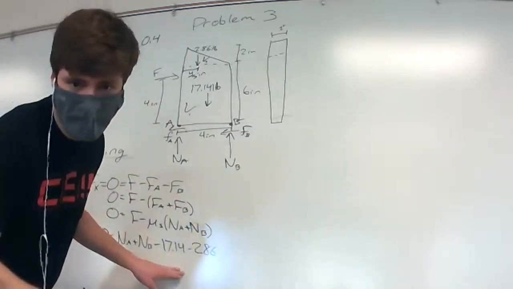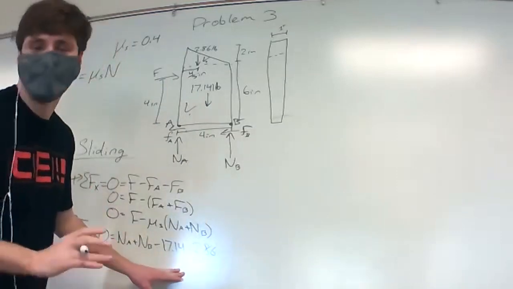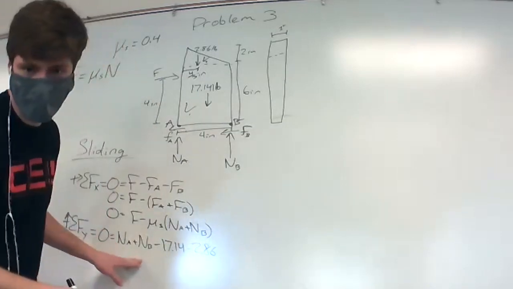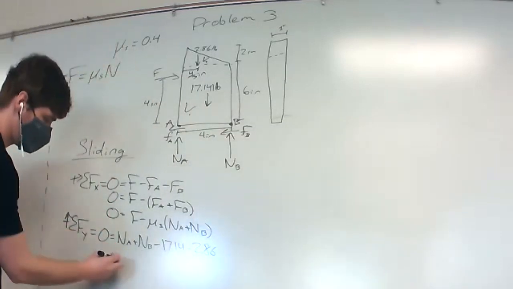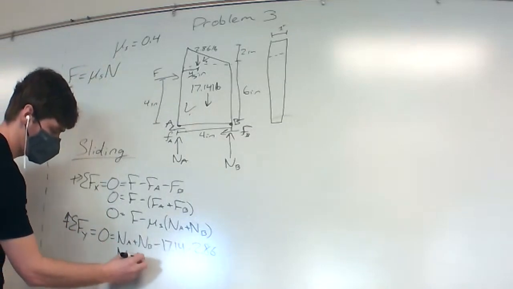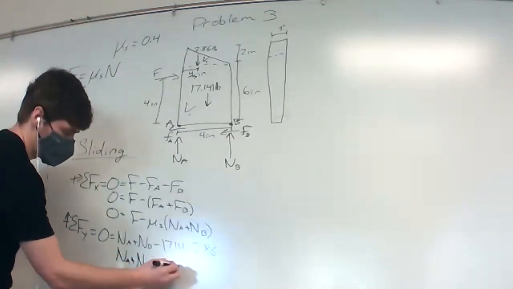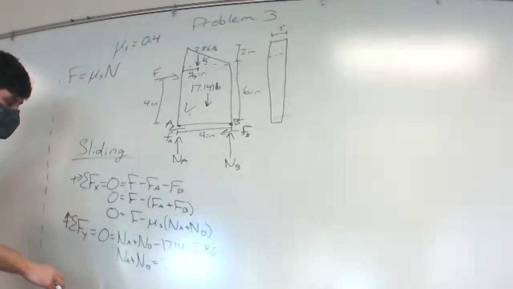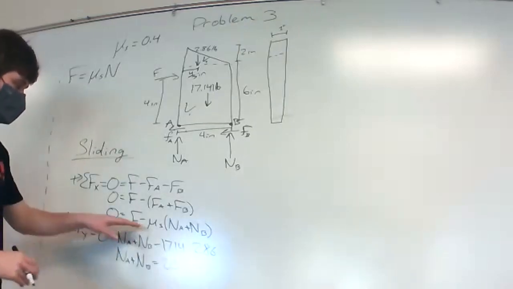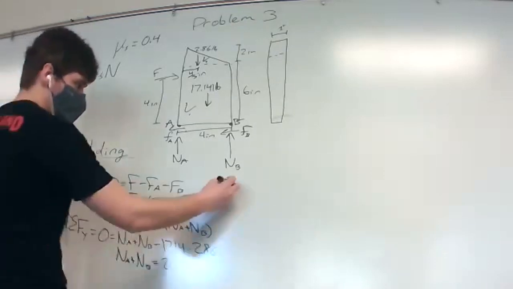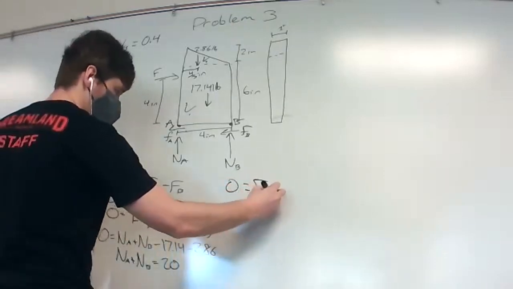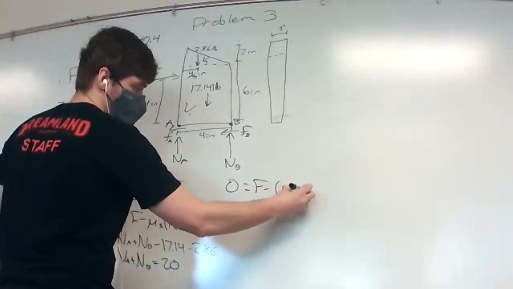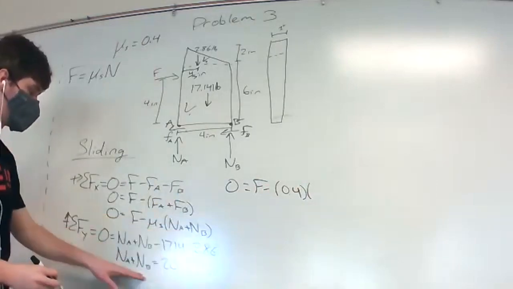So for this, we can just say NA plus NB is 20, and now that we've said this, we can replace this here, and we can say 0 is equal to F minus mu sub S, which is known as 0.4, times NA plus NB, which we know is 20.